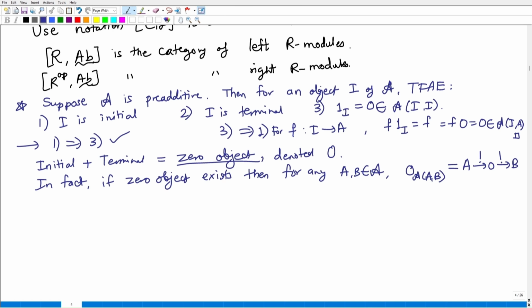From A to 0 you will always have a unique map, 0 is terminal, and from 0 to B you will always have a unique map, 0 is initial. So this composition is actually the 0 in that hom set. Any questions?